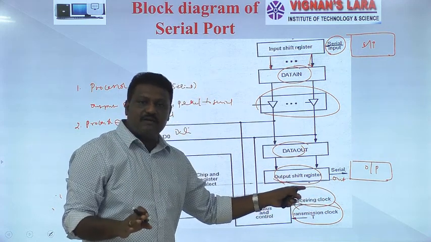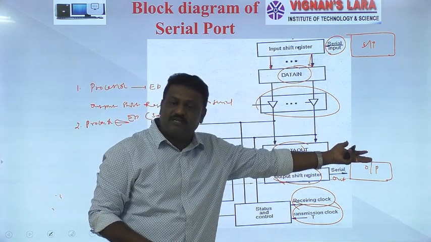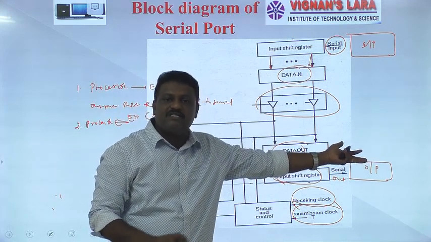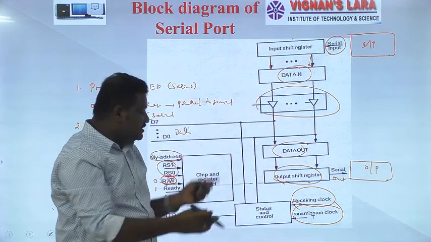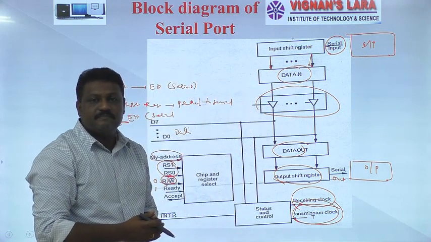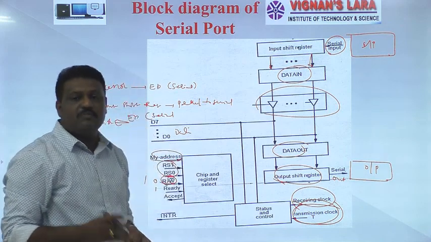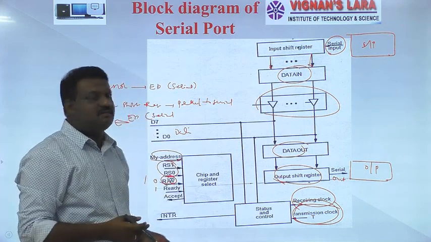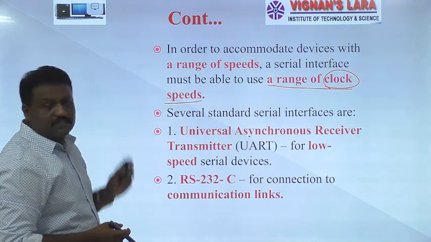Similarly, if your processor wants to transfer something to an output device in serial form, how fast the external device collects the data from this interfacing circuit depends on the transmission clock. So this clock decides the bit rates in both the receiving operation as well as the transfer operation. That is the meaning of this particular one.